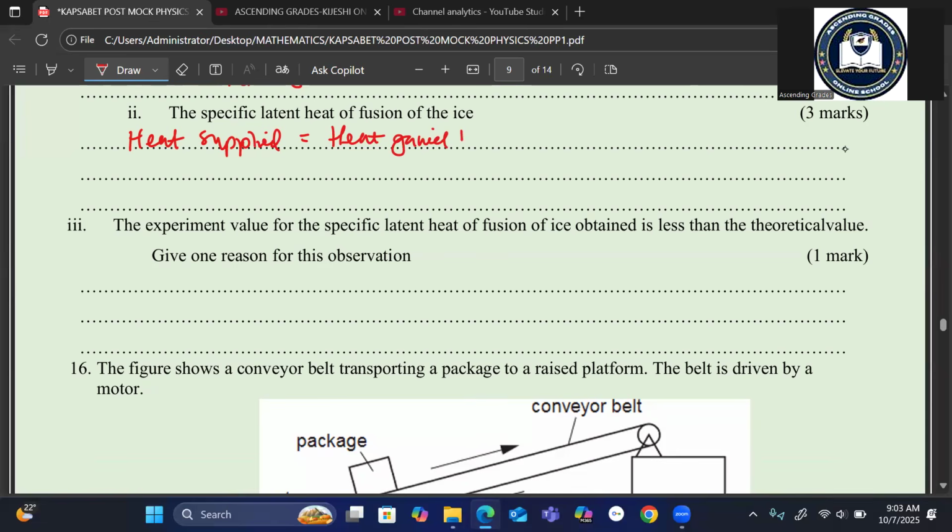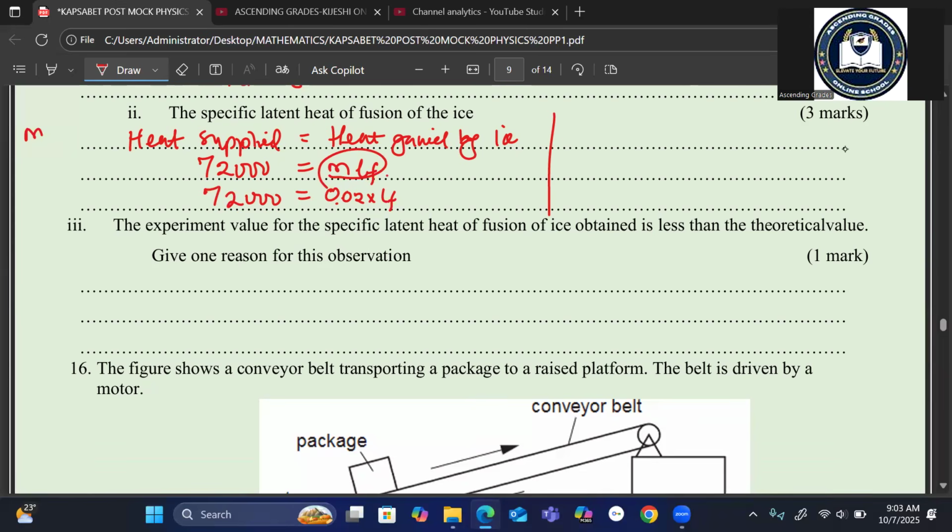gained by ice. Therefore, 72,000 joules will be the same as the mass of the ice times the latent heat of fusion. Therefore, 72,000 will be equivalent to 20 grams, which is 0.02 kg, times LF. Maybe somebody will miss what we have done here.